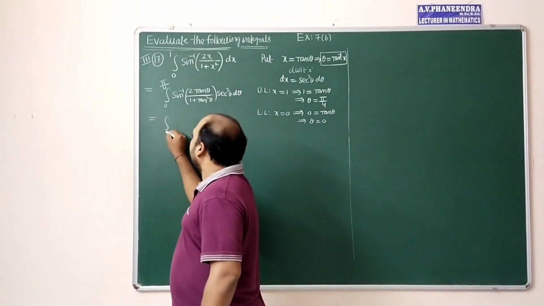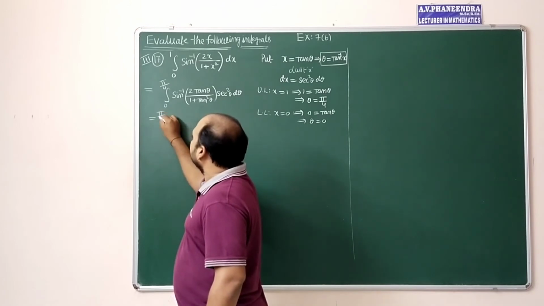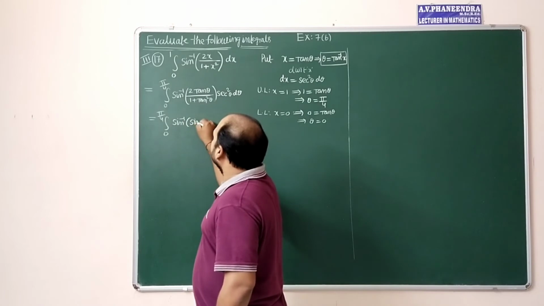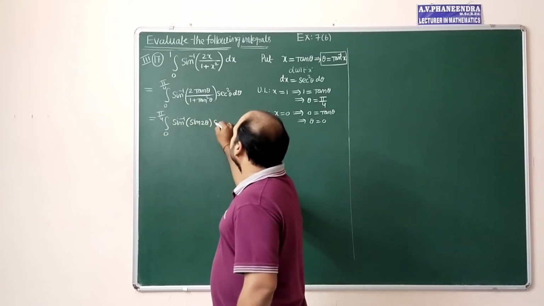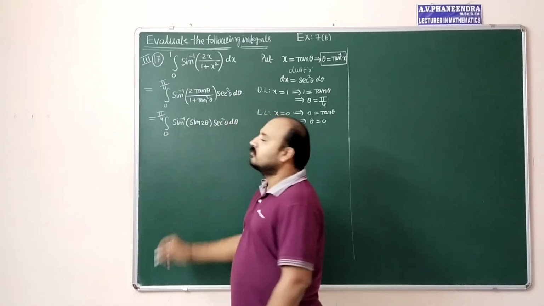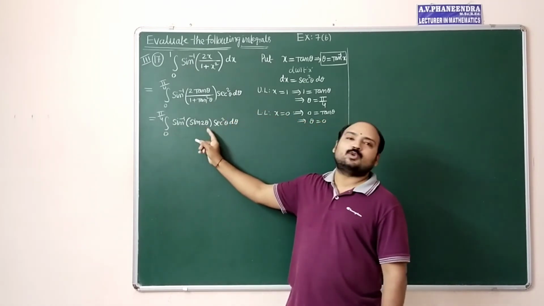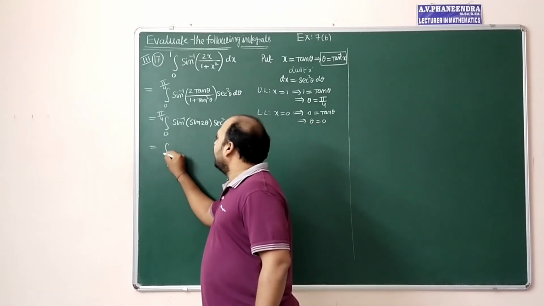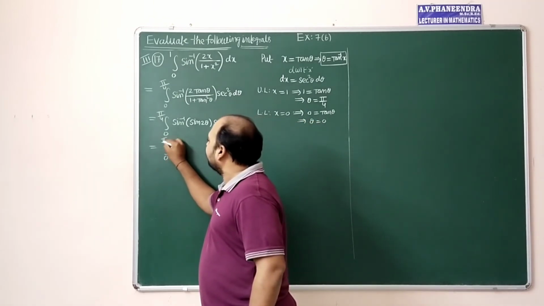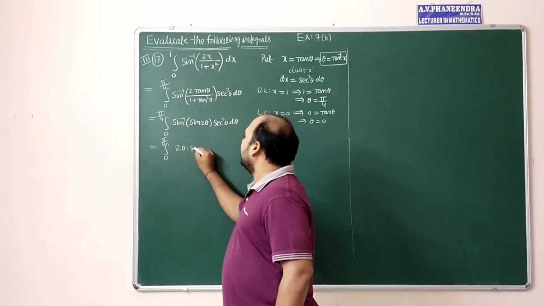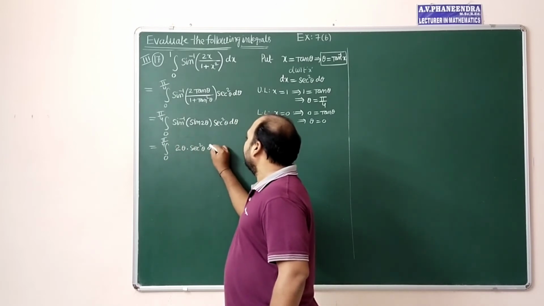So now integral 0 to pi by 4 sine inverse of sine 2 theta into secant square theta d theta. Sine inverse of sine 2 theta is 2 theta. By using inverse trigonometry properties, integral 0 to pi by 4 2 theta into secant square theta d theta.